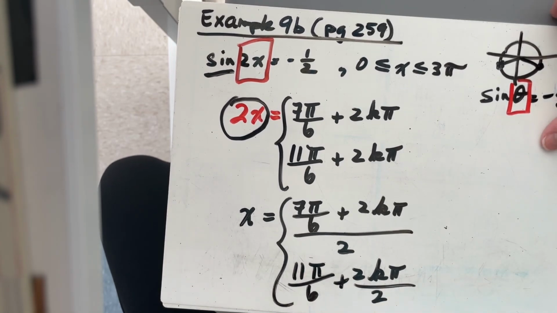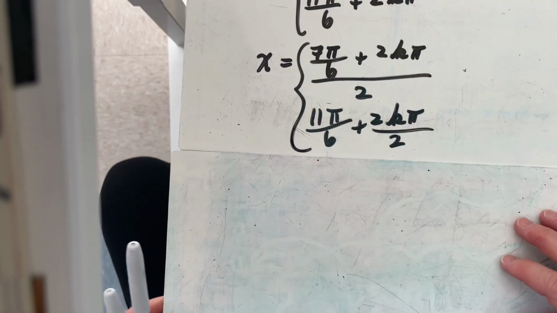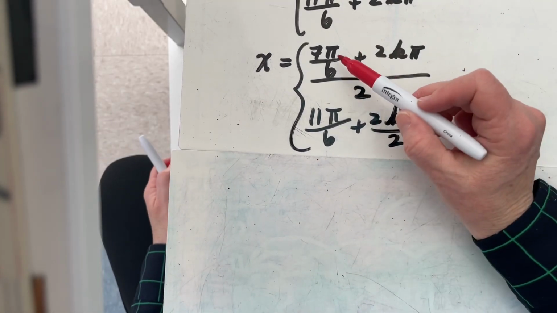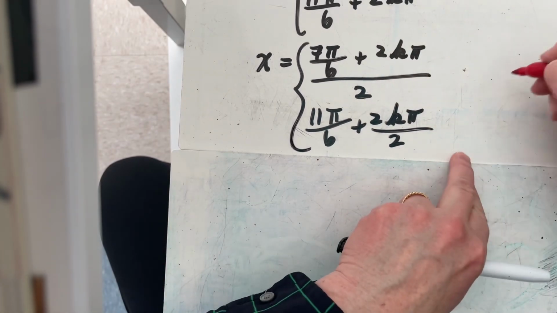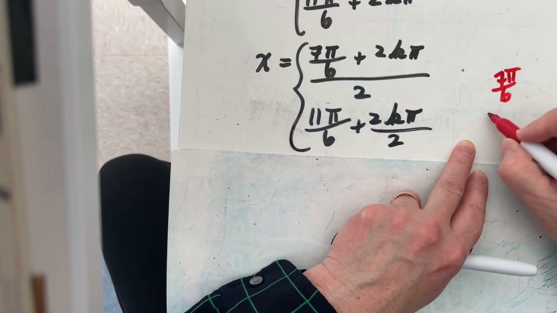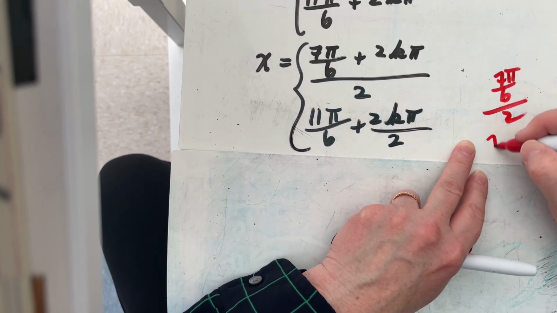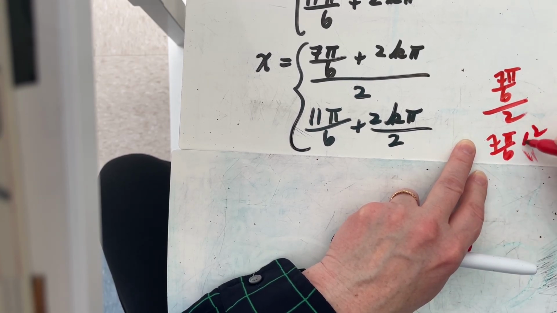All right, so move that up a little bit. Our next step then, when we divide 7 pi over 6 by 2, we can think of it like this. 7 pi over 6 divided by 2 is the same as multiplying by the reciprocal, 1/2.